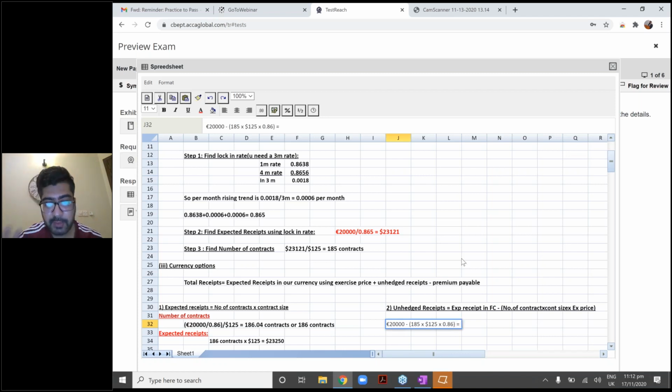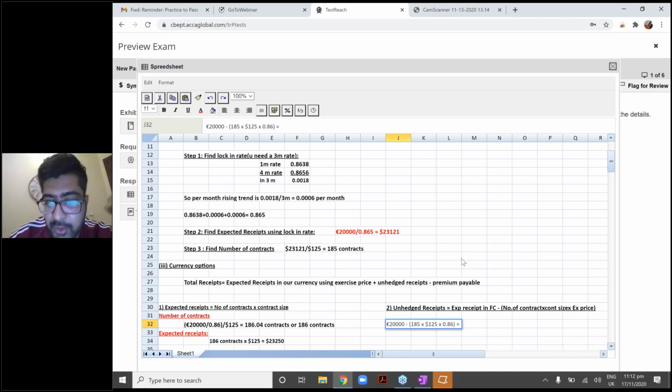Your expected receipt was 20,000. Understand the concept of this formula. Your expected receipt was 20,000 euros, but you only took 185 contracts, having a contract size of 125 with an exercise price of 0.86. So you were only able to hedge 19,887 through this.